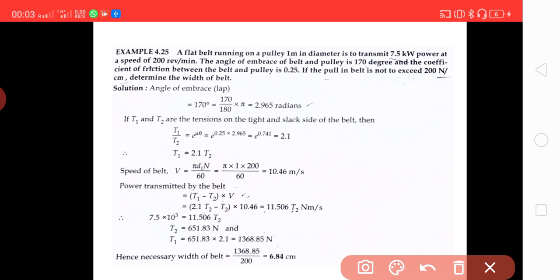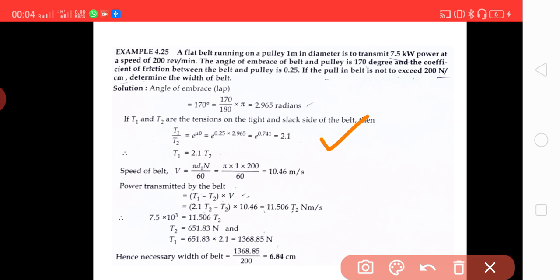Angle of embrace, by dividing by 180 and multiplying by pi, you are converting degree into radian, which comes out 2.965 radian. If T1 and T2 are the tension in tight and slack side of the belt, then T1 upon T2 equal to e to the power mu theta, that is e to the power 0.25 into 2.965, which comes out to be 2.1.